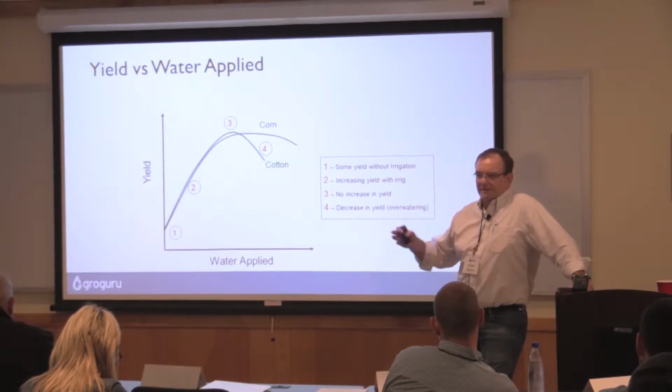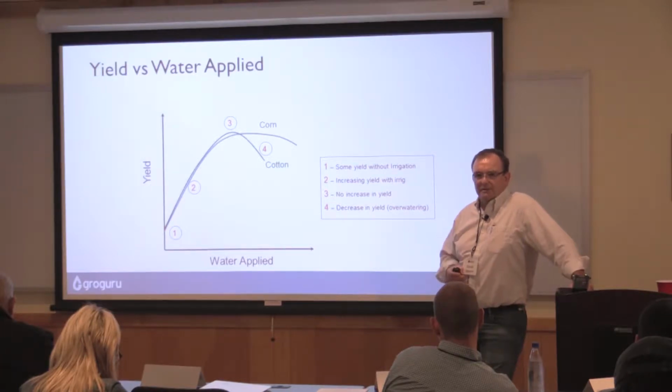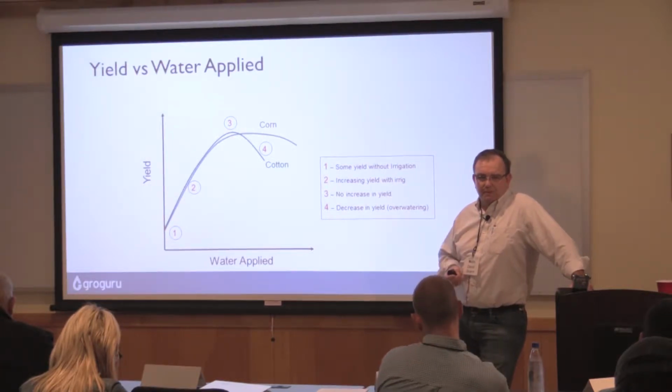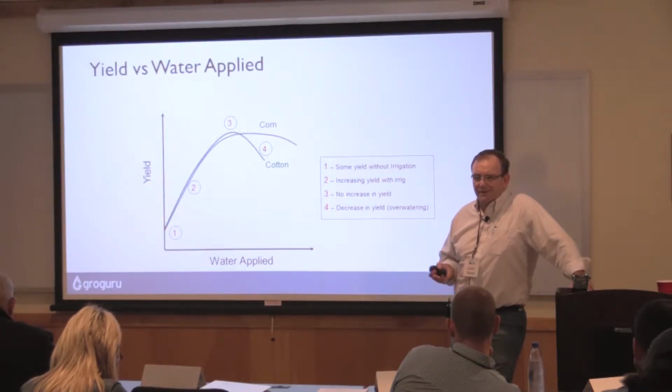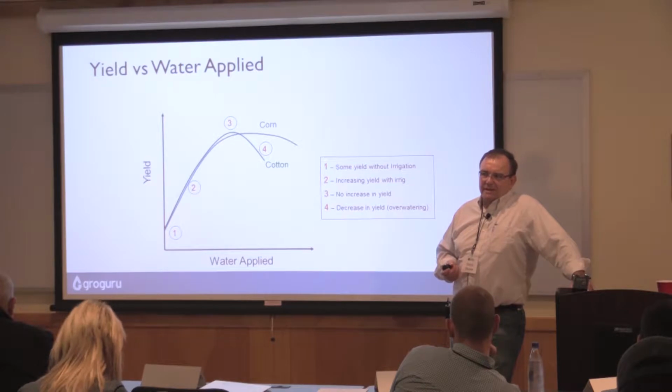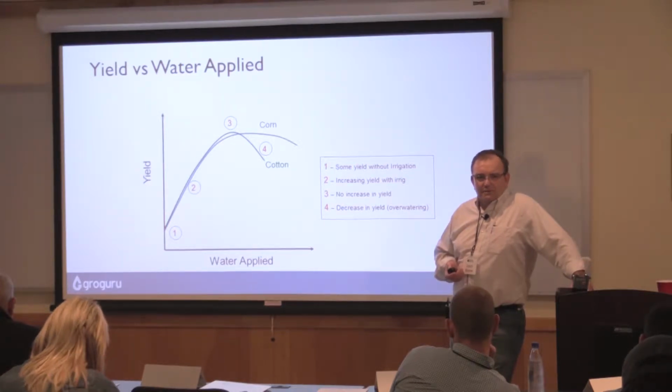You just start on this day and stop on that day. So theoretically, I've put half as much water again on my well that's putting out 900 gallons a minute, yet my yield didn't change. In fact, I might have got slightly lesser yield on my high water. Why? Because I'm probably washing fertilizer out of the soil. So it's not about how much you've got, it's how you use it.